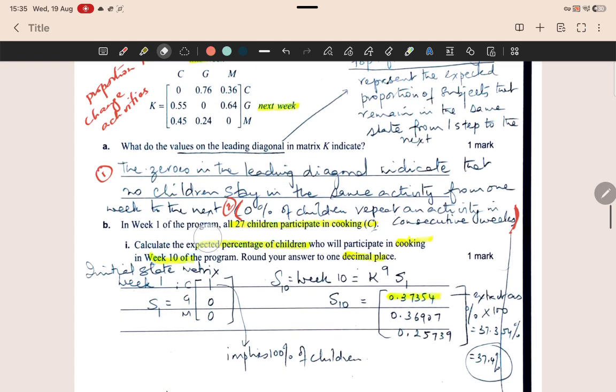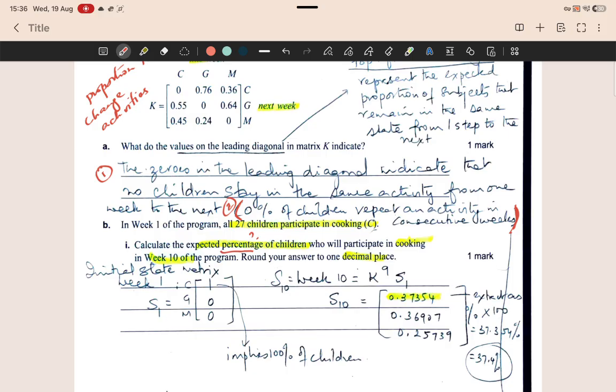In week 1 of the program, all 27 children participate in cooking. The question says, what percentage of children will participate in cooking in week 10? If they haven't asked you how many children, and their question is a percentage, you can work it out the way I have shown you.